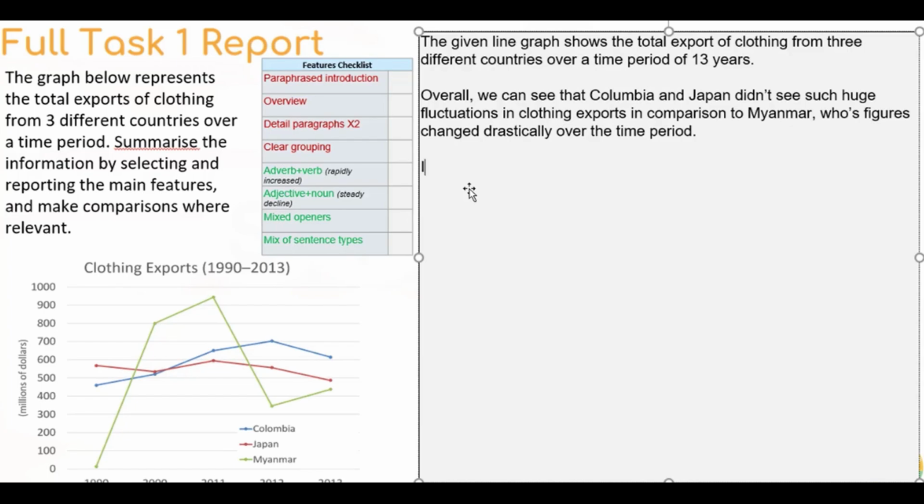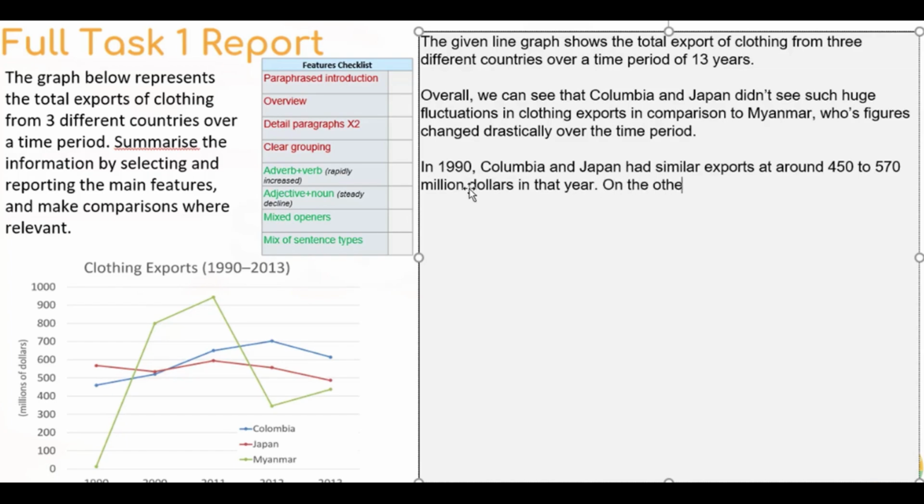So let's begin with, in 1990, Colombia and Japan had similar exports at around, let's say, 450 to $570 million in that year.